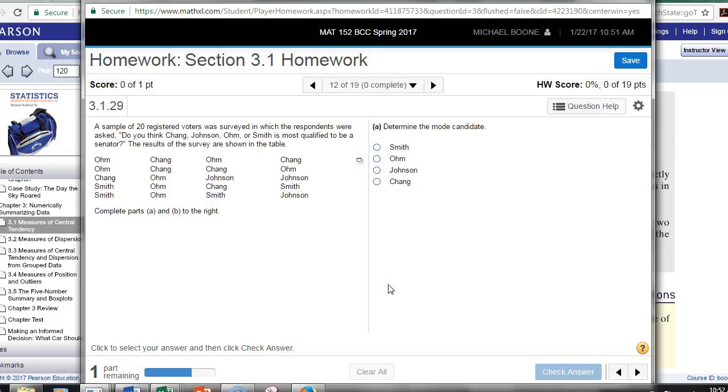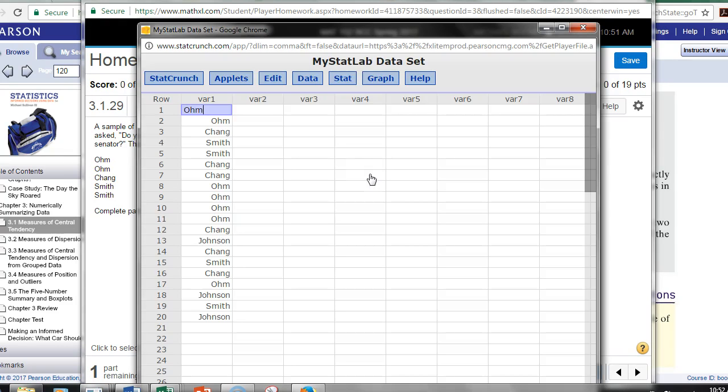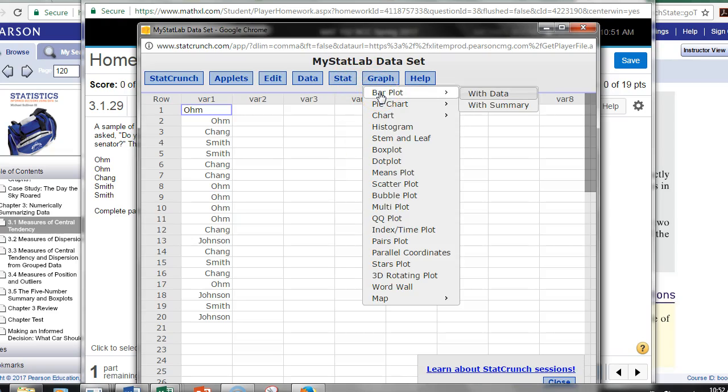A couple of others that I had pinpointed. The mode of this one. We only have 20 people here, but let's say we had 2,000 people, right? And we wanted to figure this out. What's the most occurring? And we don't want to count up each one. A great way to do this would be to make a bar chart. And this is with data, right? Because I have Ohm, Chang, Smith, Chang.